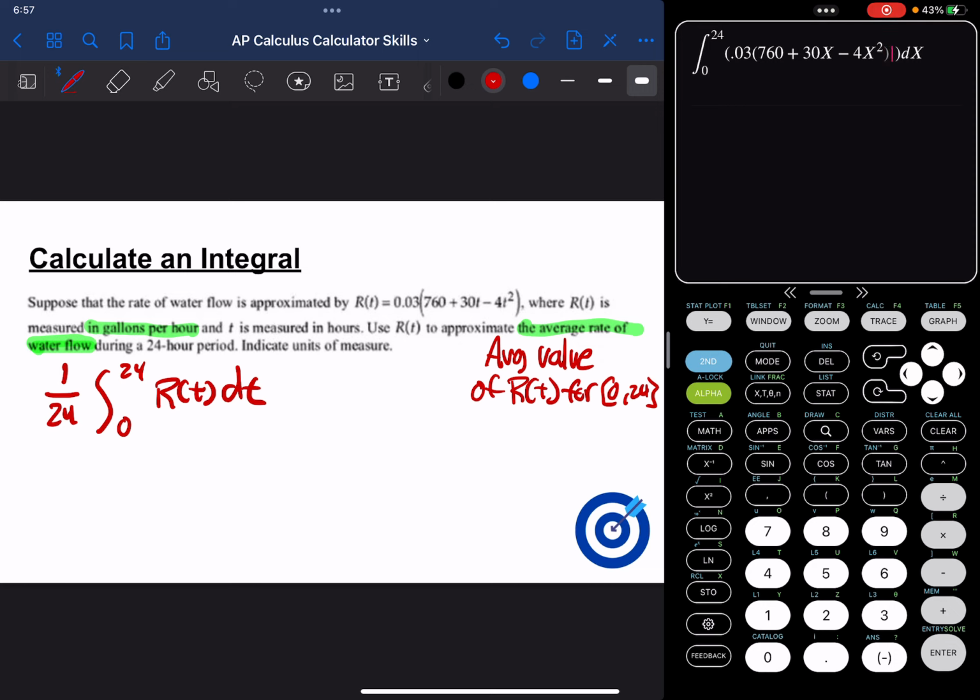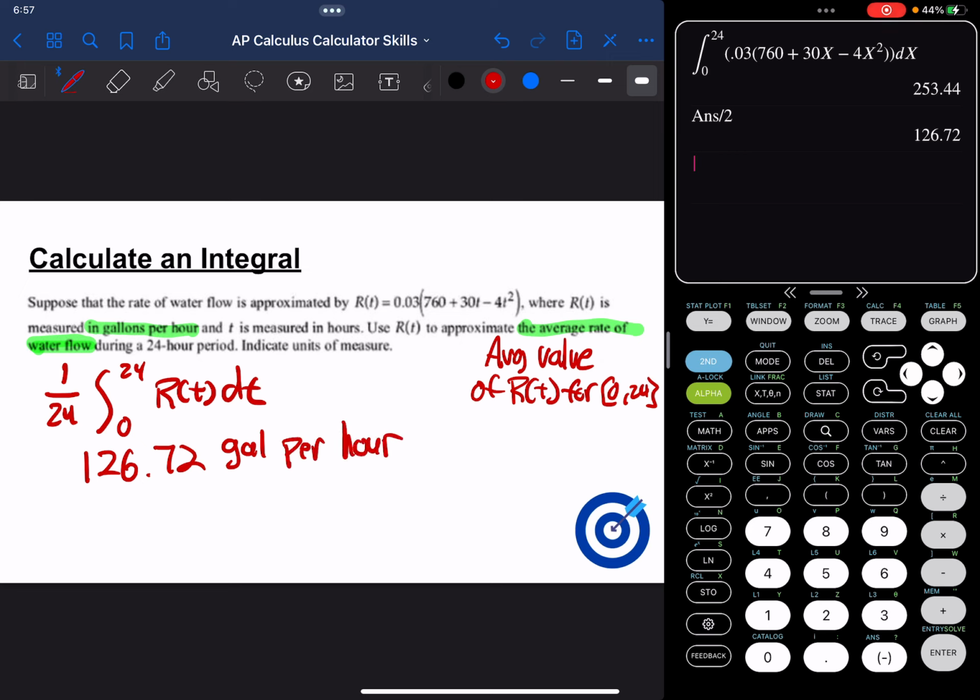And it's in terms of x, so I can press enter, and we get 253.44. And now, when we divide by 2, we get 126.72. Now remember that this is an average rate of water flow, so this is in gallons per hour.